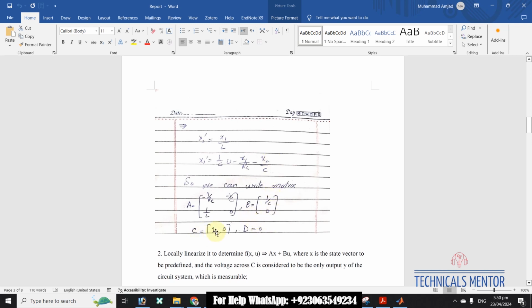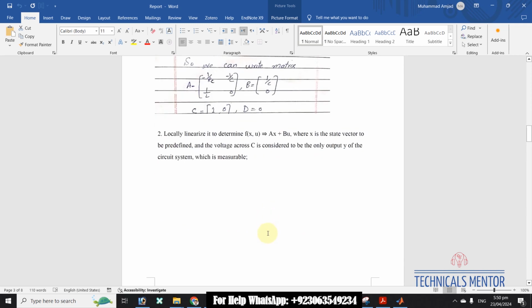C is equal to 1 0 and D is equal to 0. Locally linearize it to define f(x,u) is equal to Ax plus Bu, where x is a state vector to be predefined, and the voltage across C is considered to be the only output y of the circuit system, which is measurable.